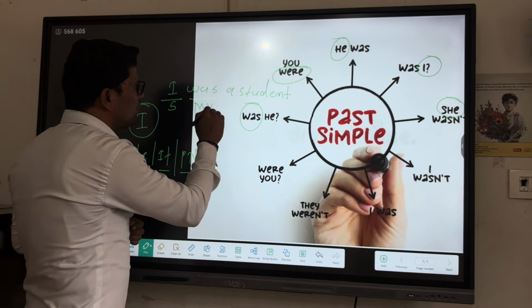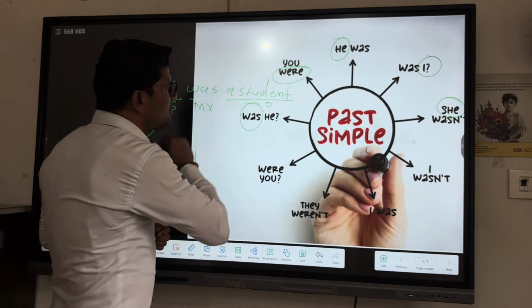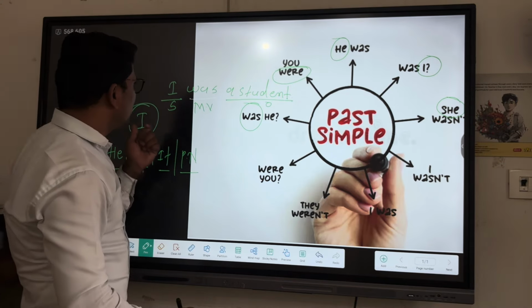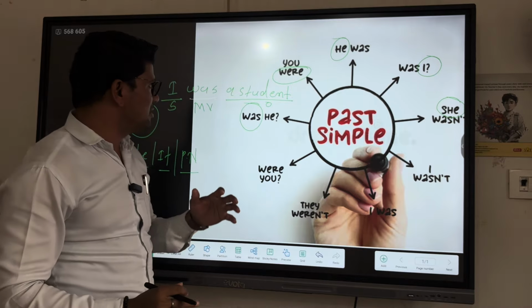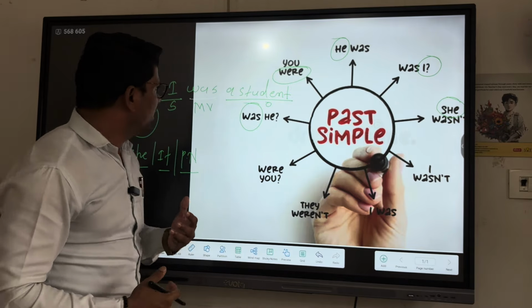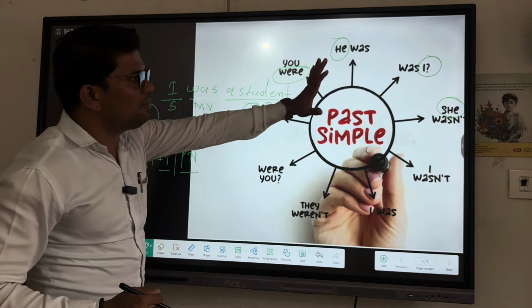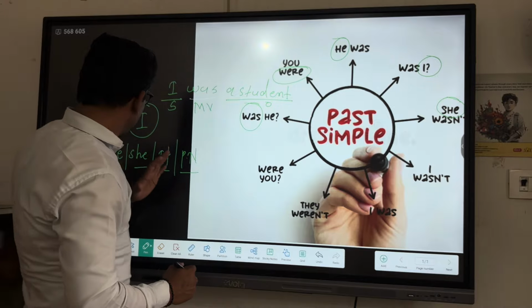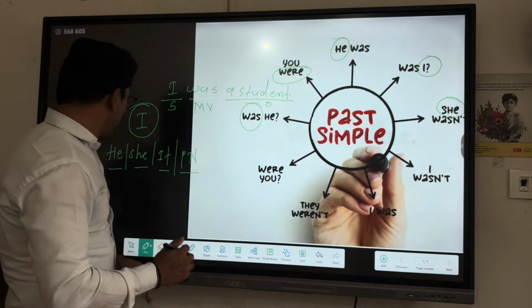Please keep in mind it is the main verb, and then comes our object. So in this way you can make thousands of sentences and use them in your day-to-day life.